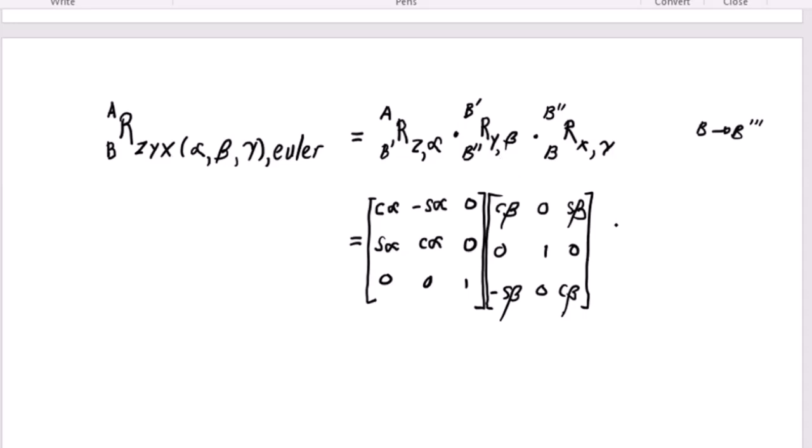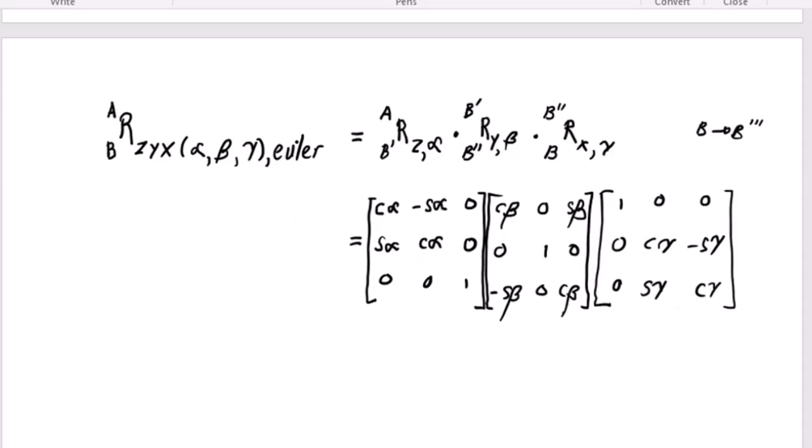That's for the y. And finally, for the x gamma, this is 1, 0, 0, and then 0, cosine gamma, minus sine gamma, 0, sine gamma, cosine gamma.